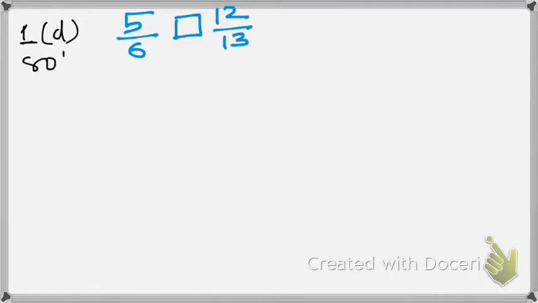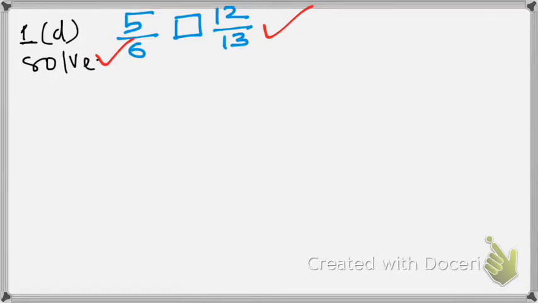Now let's go to question number 1D. 5 upon 6 and 12 upon 13. Now here you can see that both the denominators are different. Here denominator is 6, here denominator is 13. So first you need to make both the denominators equal. आपको ऐसा छोटे से छोटा नंबर फाइंड करना है जो 6 के टेबल में भी आता है और 13 के भी टेबल में आता है.